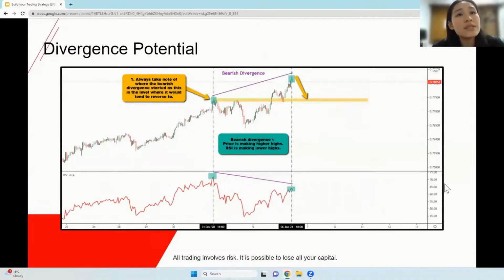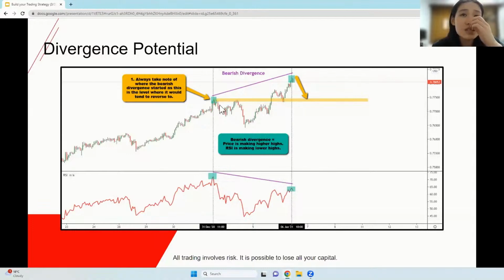Okay, divergence potential. So in this example, we want to take note of where the bearish divergence started. So that's why you place a vertical line over here, as well as where we intend it to approach.